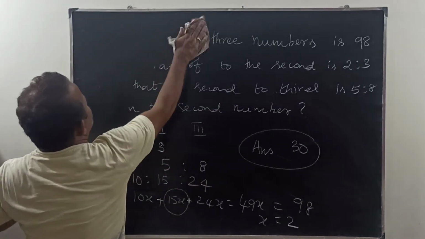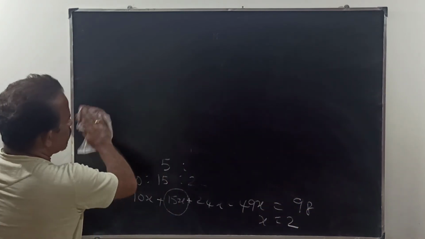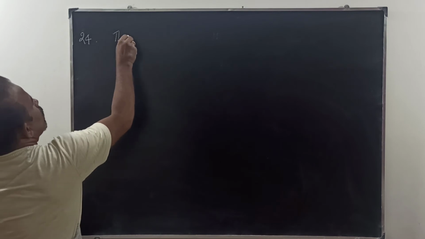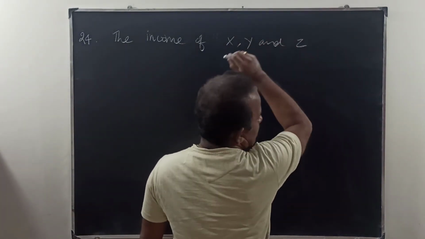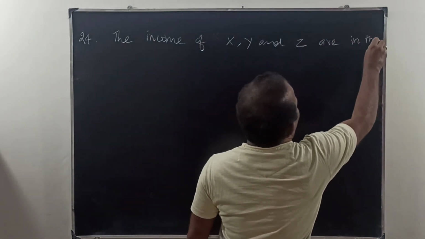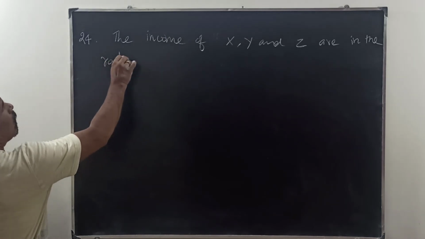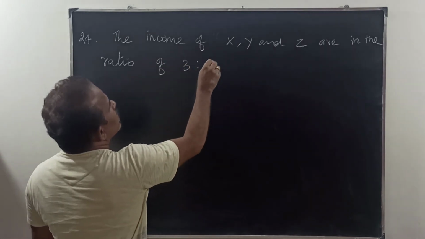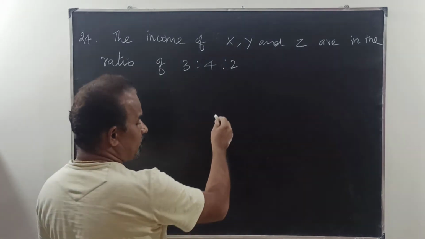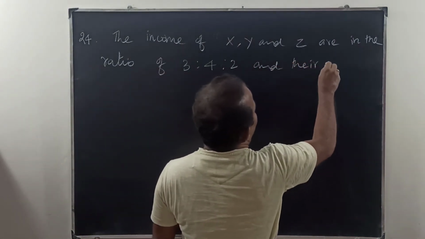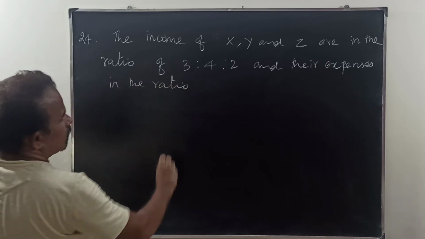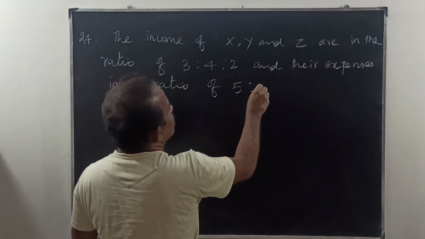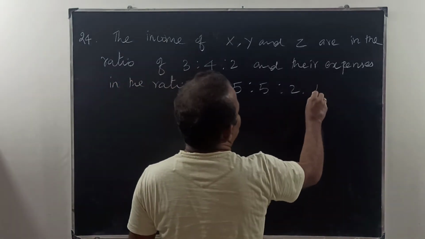Okay. The 24th problem is: the incomes of X, Y and Z are in the ratio of 3 is to 4 is to 2, and their expenditures are in the ratio of 5 is to 5 is to 2.